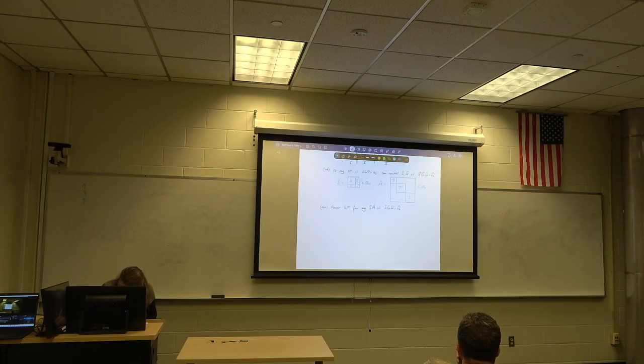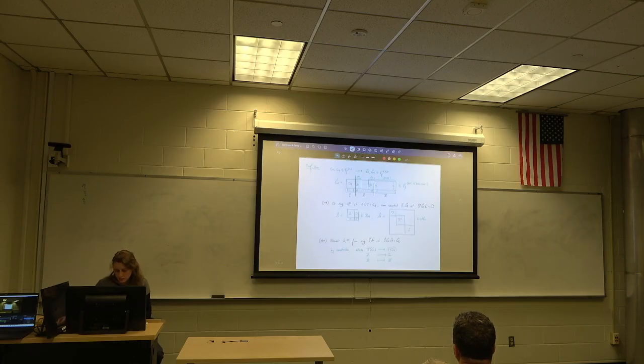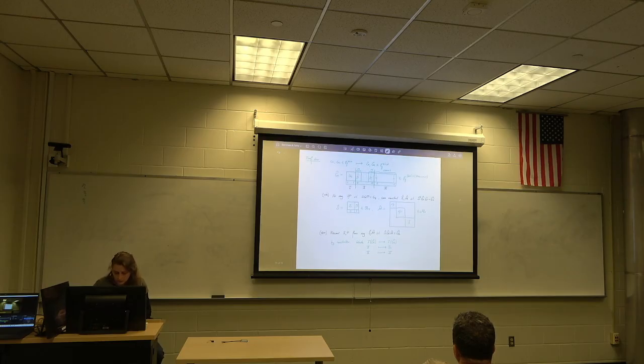So the structure: the first block of G1 hat is mapped to first of G2 hat, second to the second, then third to the third. Okay, so let's take this apart a little bit.